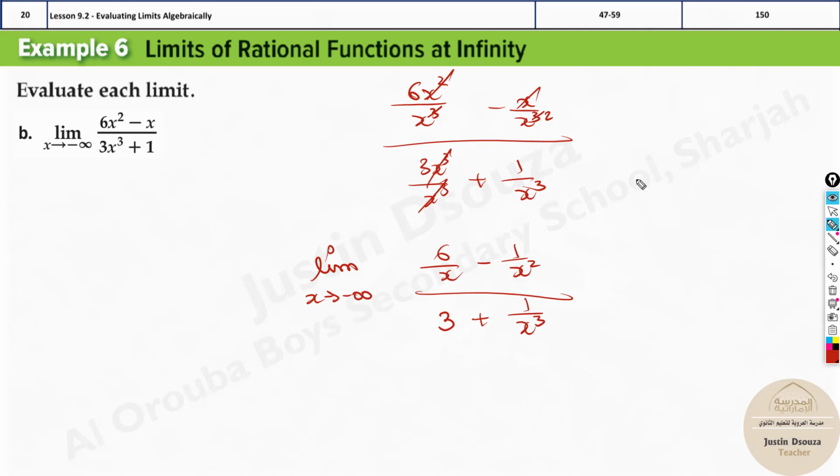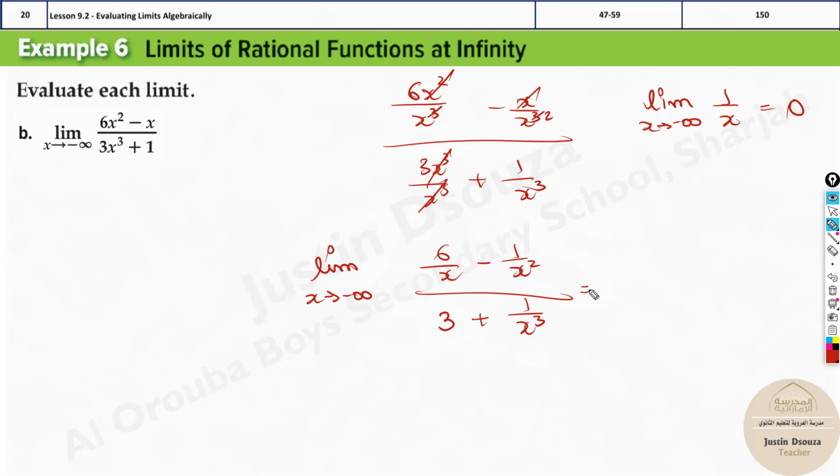Now here you might think, okay, the limit is minus infinity, right? x tends to minus infinity. So will this formula change? No, because 0 is neutral. If it's plus infinity or minus infinity, it doesn't make a difference because 0 is 0 itself. It's neutral to any sign. So therefore, what we can do is sort out the constants.